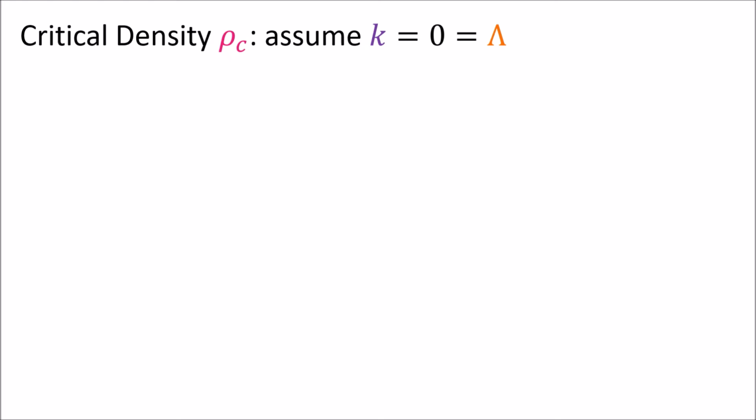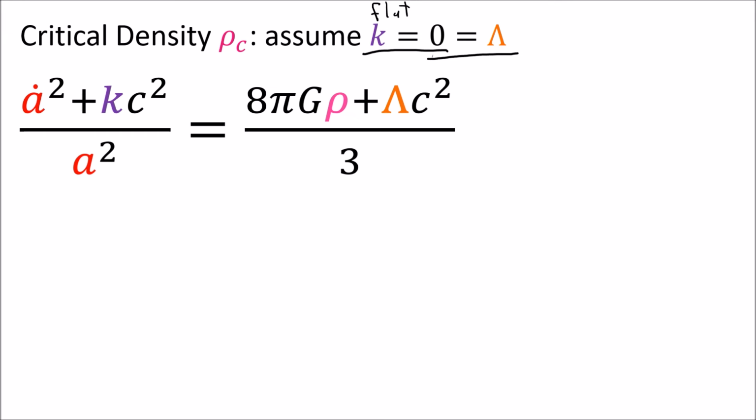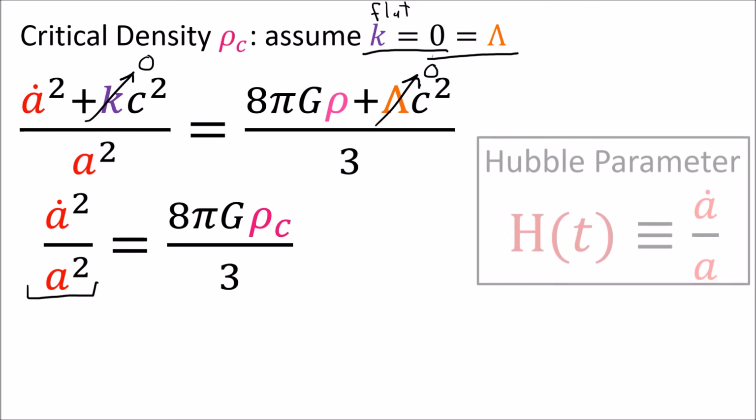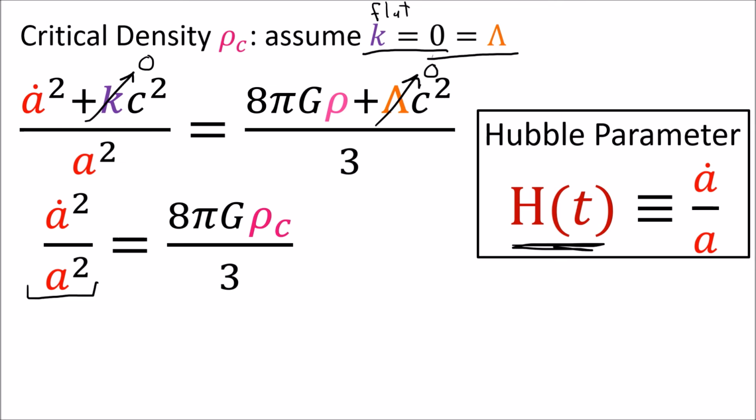To define the critical density, let's take the case of a flat universe with k equals 0, and with no cosmological constant, so lambda equals 0 as well. Taking the first Friedmann equation and cancelling these terms out, we can rewrite this ratio between a dot and a as the Hubble parameter h of t, although we will often just write it as h.